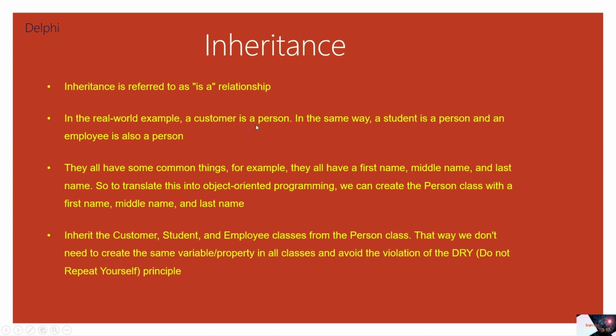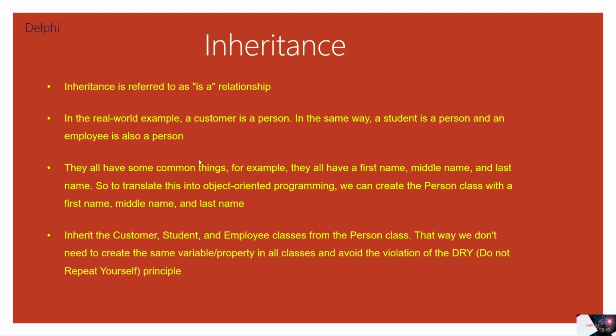In a real-world example, a customer is a person. In the same way, a student is a person, and an employee is also a person. So we can say that the student, employee, and customer are all persons. They all have some common things, for example the first name, middle name, and last name.